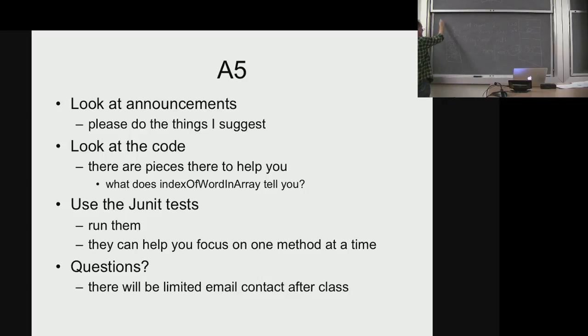At this time, if I said words 1 length or something, like how long is the string stored there, it would say, okay, in words array, go to index 1, get the object that's referenced by that reference, it's null, try to apply a length method to a null object, and you get a null exception.